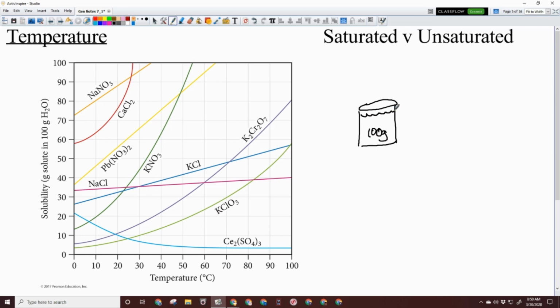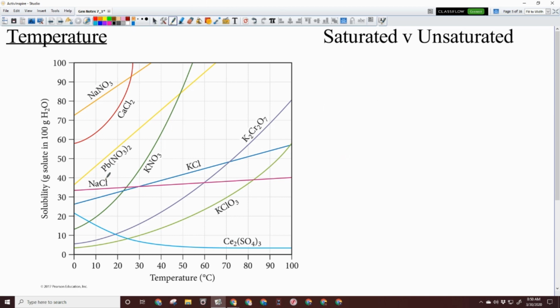Okay, so it has 100 grams of water in it. How many grams of this compound can dissolve in that? And they tested it at certain temperatures. So 0 degrees Celsius, which is just freezing basically, 10 degrees, 20, all the way up to 100 on this graph. Okay. All right, so let's analyze these.